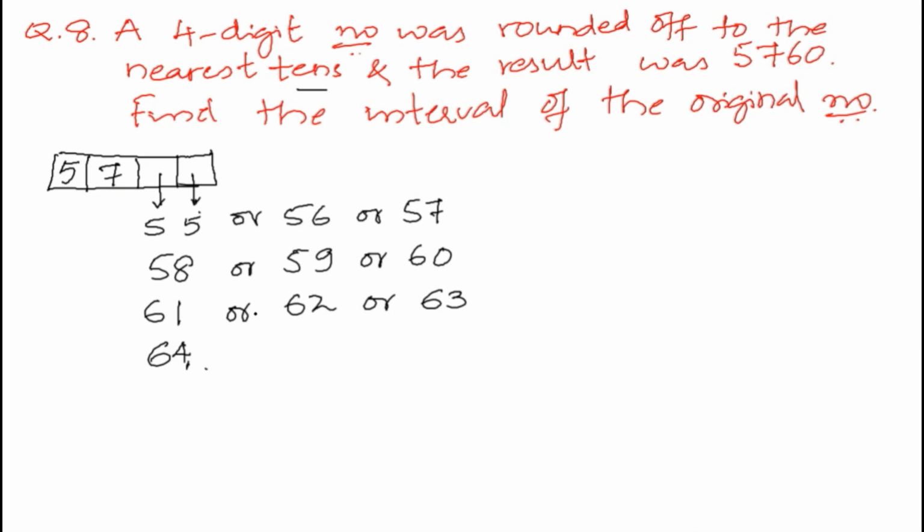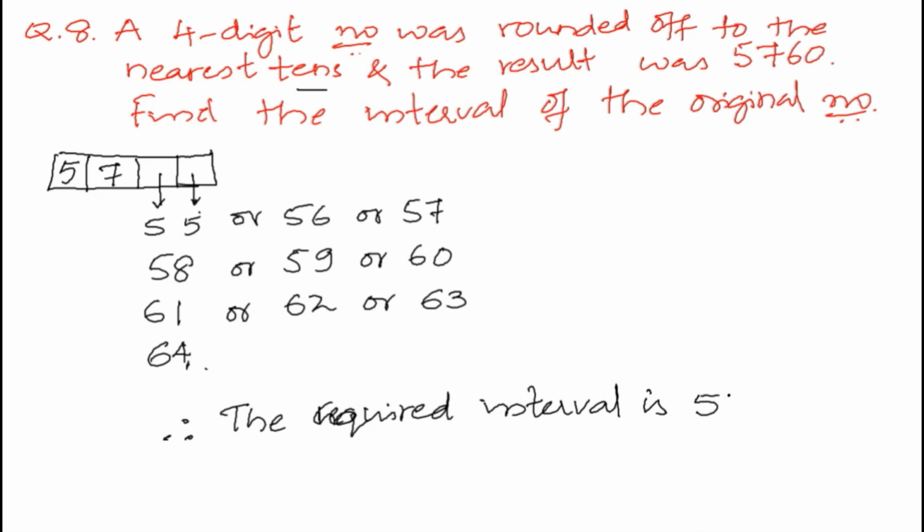The reason is, once it is 65, upon rounding it becomes 5770. Therefore, the required interval is 5755 to 5764.